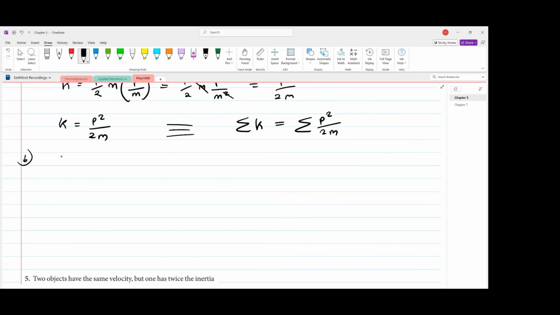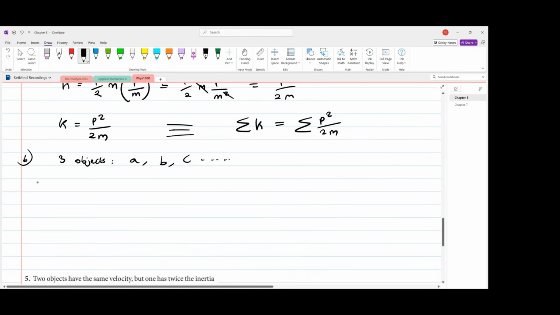Let's say we have 3 objects in this system: object A, object B, object C, right? Somehow 3 objects collide with each other, which is a crazy scenario.